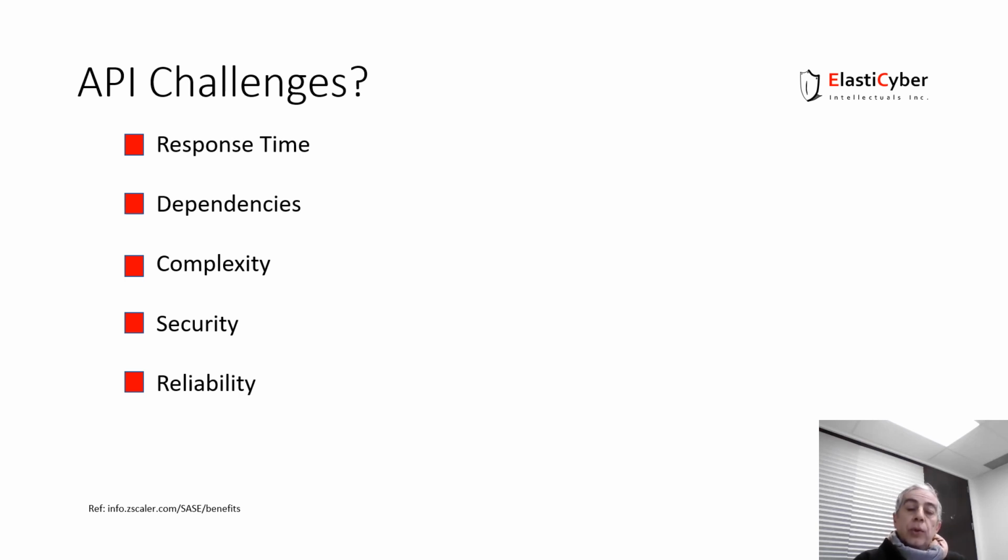You have to keep in mind the API security itself, as well as the reliability, and having the API in multiple instances to conform with the availability requirement. Having a highly available environment is something that you may have to consider and keep in mind.